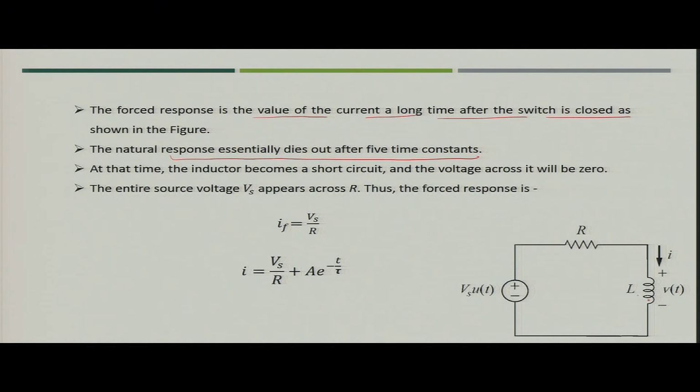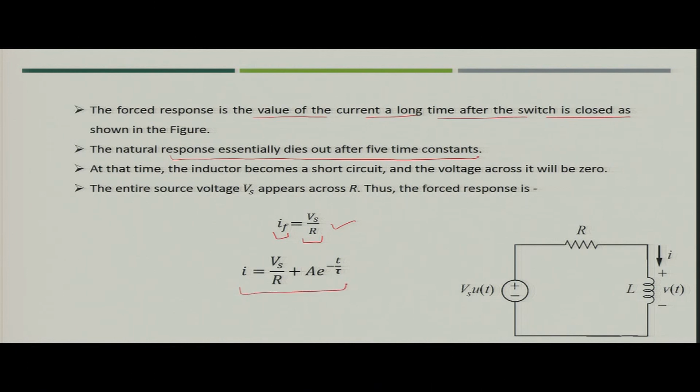In that case, the If value, that is the forced response, is nothing but Vs divided by the resistance R. So, we have If is nothing but Vs by R.